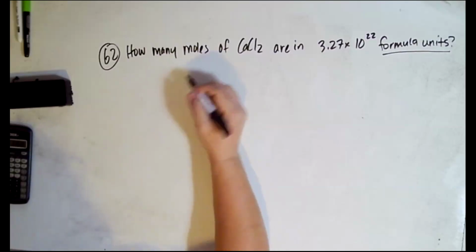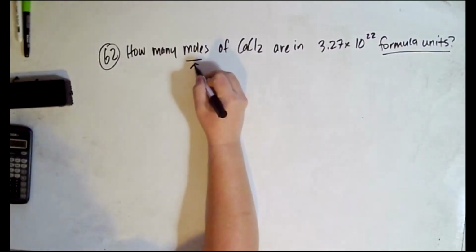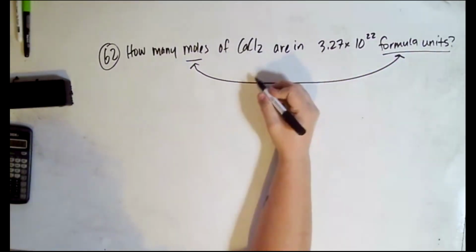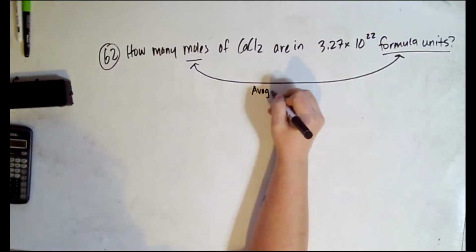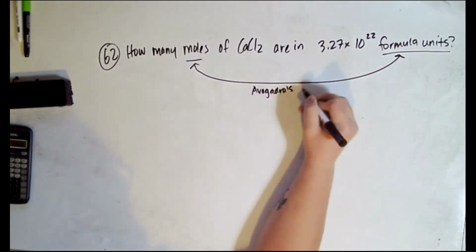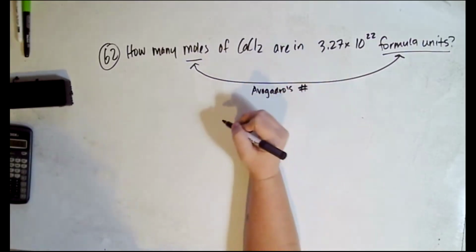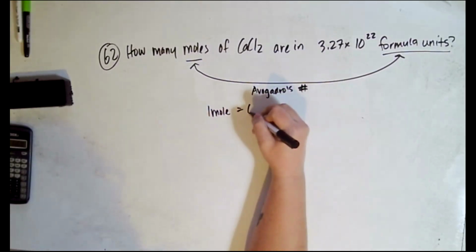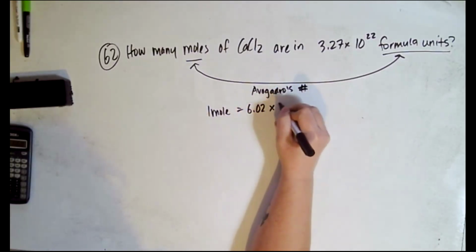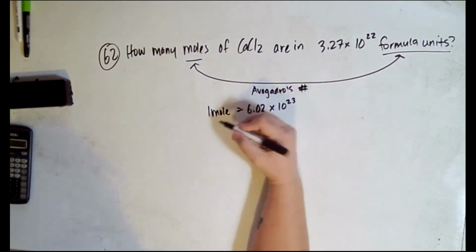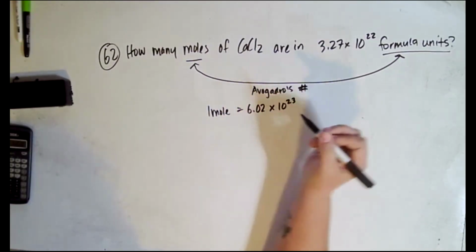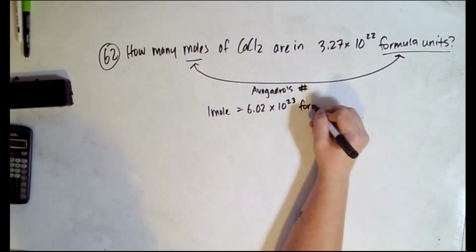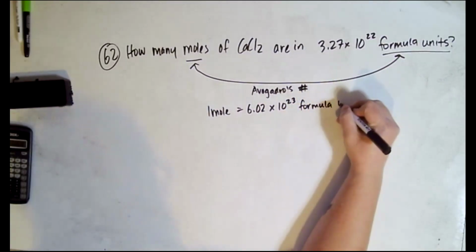When we're going between moles and formula units, just like with moles and molecules, we're going to connect those using Avogadro's number. And Avogadro's number says that 1 mole of anything is going to be 6.02 times 10 to the 23 of that thing. So if I have 1 mole of CaCl2, that's going to be 6.02 times 10 to the 23 formula units of CaCl2.